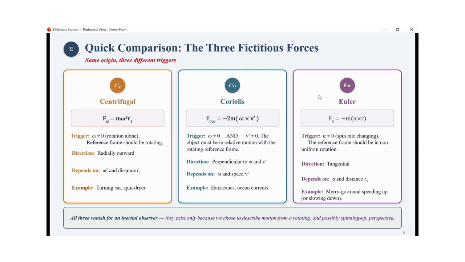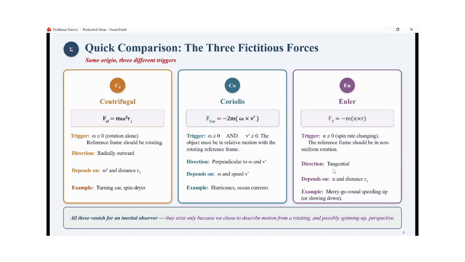The third important pseudo force is the Euler force, given by this mathematical expression. For it to be present, the requirement is that the frame of reference should be rotating non-uniformly. That is, the angular speed of the frame should not be constant.